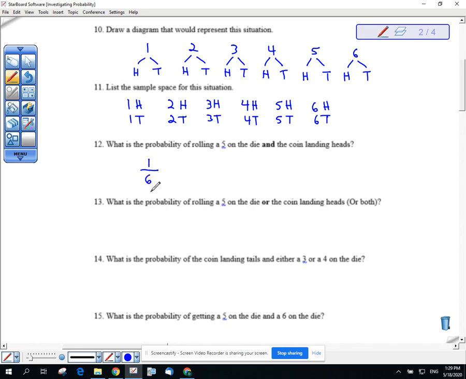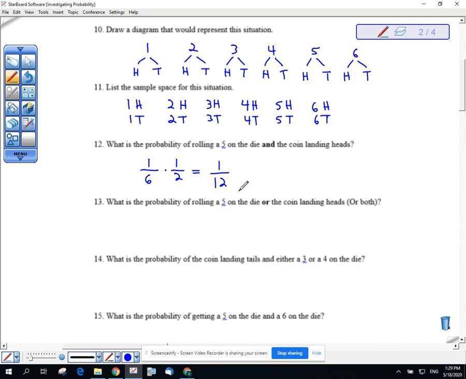And again, with this kind of probability, like 2 things happening, it's going to be a multiplication situation. The key word here is and. The coin landing heads would be 1/2, and that product would be 1/12. There's a 1/12 chance of rolling a 5 on the die and the coin landing heads.